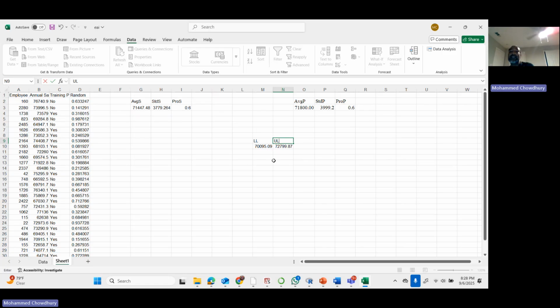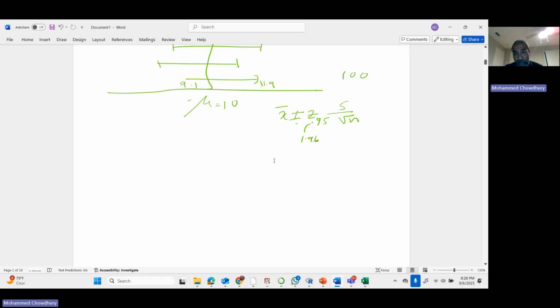That is what is known as the interval estimate. Now, if the sample size n is smaller, then the formula will be x bar plus or minus t with 0.95 and n minus 1, which is 30 minus 1 equal to 29, and the rest of the formula stays as it is.